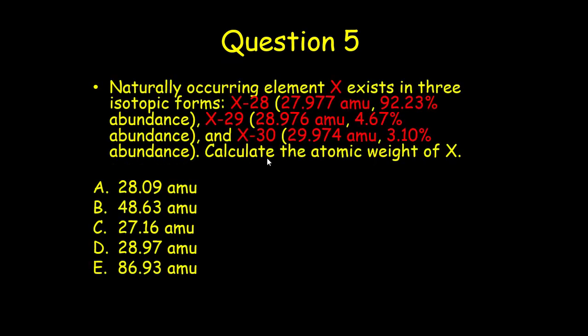Question 5. Naturally occurring element X exists in three isotopic forms. X-28, which is 27.977 AMU, 92.2% abundance. X-29, which is 28.976 AMU and 4.67% abundance, and X-30, 29.974 AMU and 3.1% abundance.